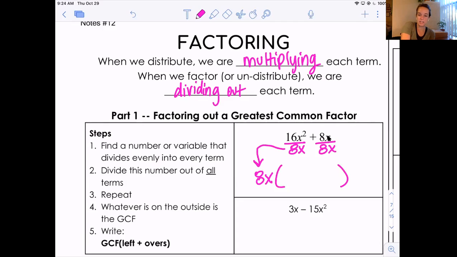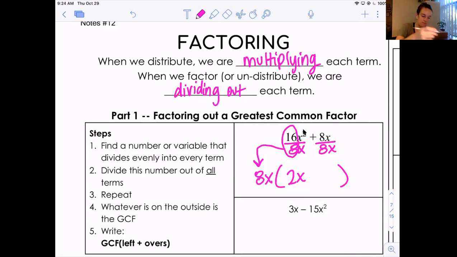And then for what's left inside, I'll do the math here. 16 divided by 8 is 2. And x squared divided by x, with 2 x's on top and 1 x on bottom, these cancel and leave 1 x on top. So 2x like that. I know this because 8x times 2x: 8 times 2 is 16, x times x is x squared.